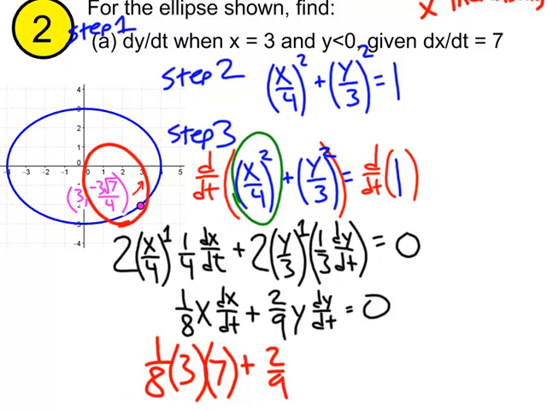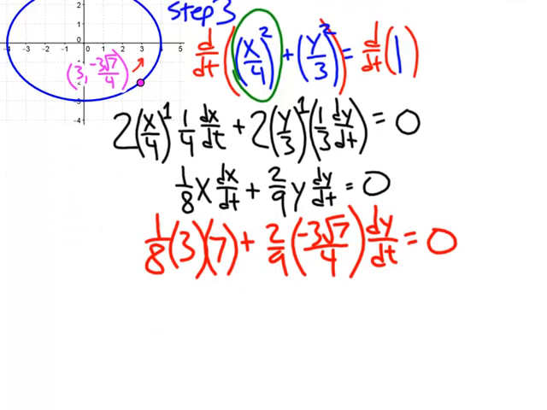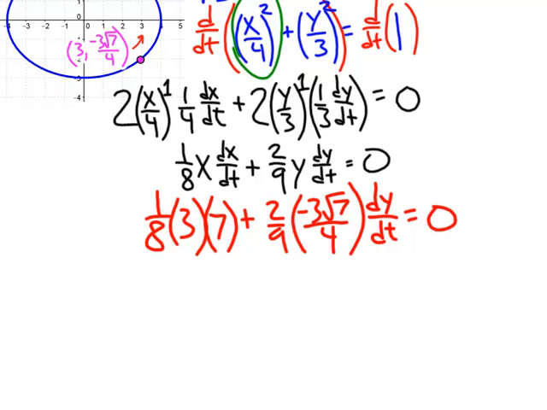I ended up just giving it to you. I hope you understood how you could have gotten that on your own. -3√7 over 4. dy over dt, that's the thing we don't know, so we'll just keep it there, treat it as a variable. And we now see that that's the only variable there amongst a bunch of numbers. So let's proceed to solve for that dy over dt.